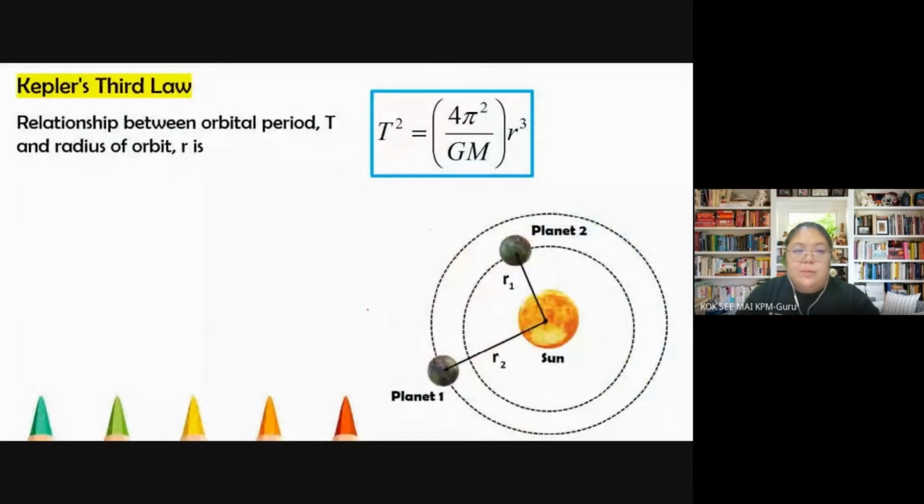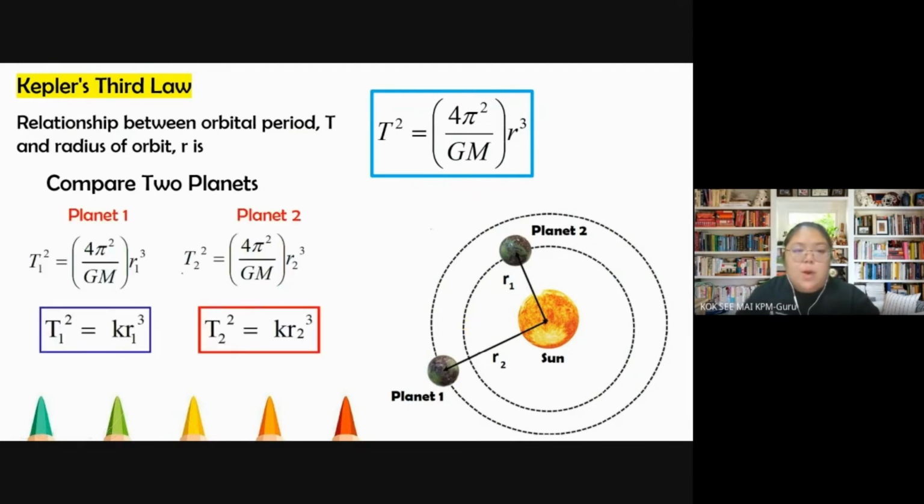Okay, we create the formula for Kepler's third law, the relationship between T and R. We have two planets, planet 1 and planet 2, so I just write the equation to compare the two planets. For planet 1, I put T1 square equals 4 pi square over GM, bracket, R1 cube.